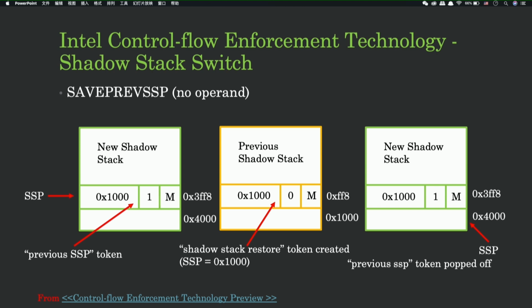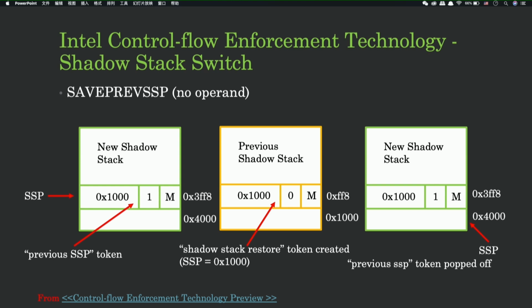We want to have the previous shadow stack hold this shadow stack token, so that we know we are able to go back to this stack when this is done, or to some other shadow stack after the use of it.